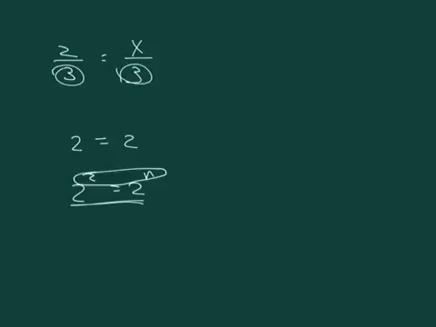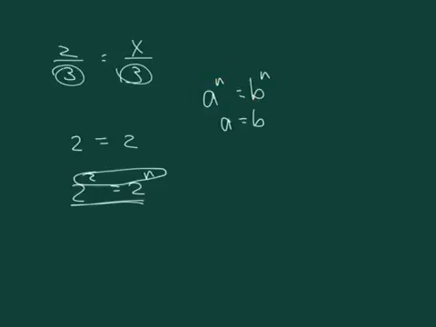But that does not mean that if a to the n equals b to the n, then a equals b. It only works when you're saying if these two are equal, then these two are equal. It doesn't work where these two are equal and these two are different.